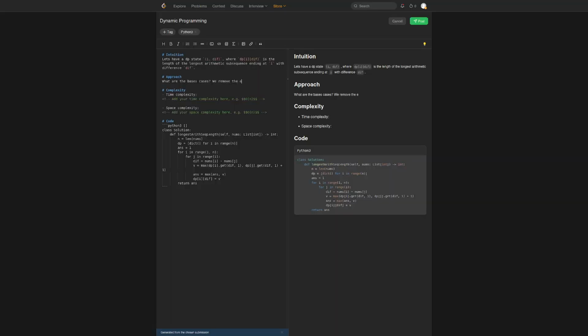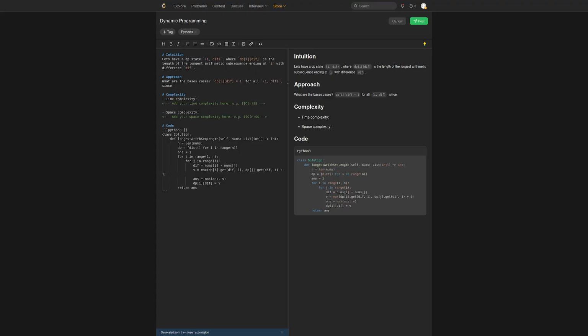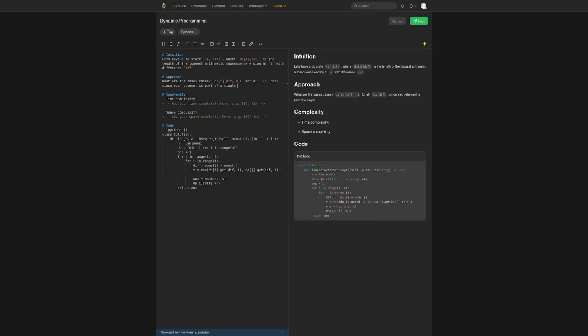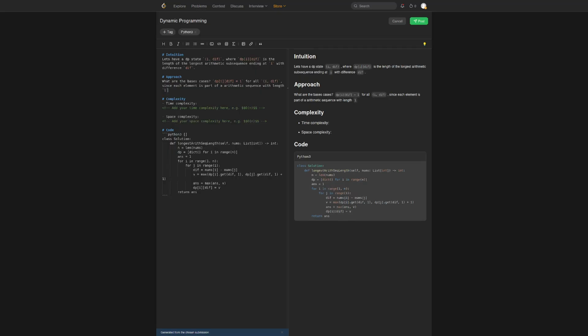We set dp[i][diff] to 1 for all i and diff, since each element is part of an arithmetic sequence with length 1.